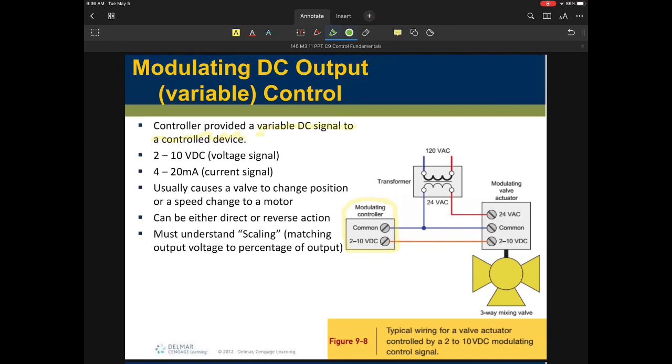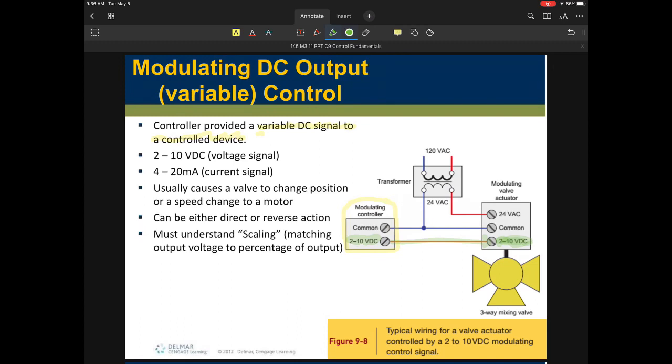And what it will do is it'll give me anywhere in between those values. So it'll give me 2 volts, 3 volts, 4 volts, whatever it determines as the output needed, and it will modulate that signal to some sort of a control device.